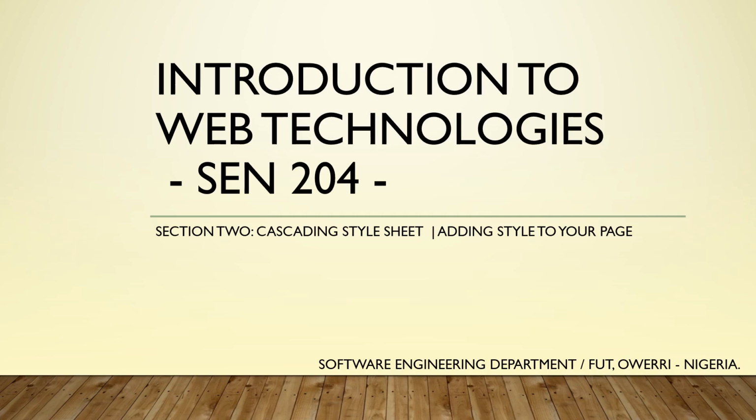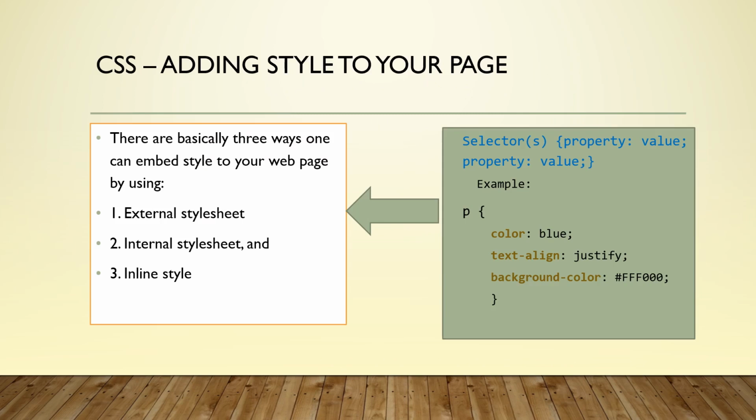So we have three basic steps we can use to add styles to our page. Number one is using an external style sheet. Number two is using an internal style sheet. Then number three is using an inline style.